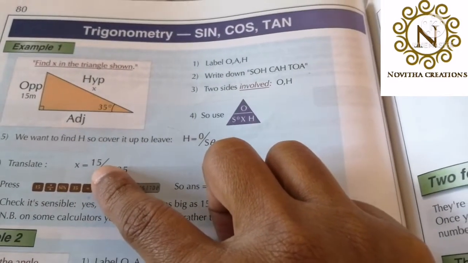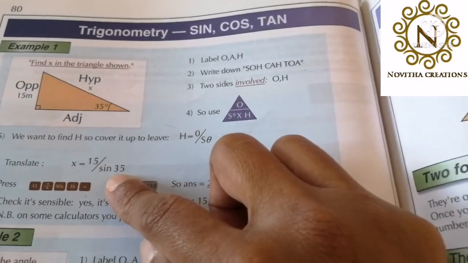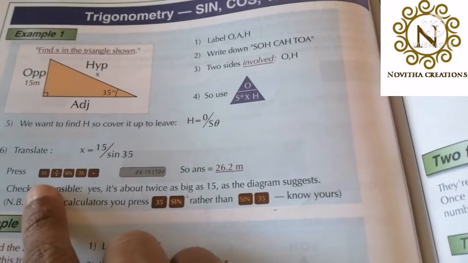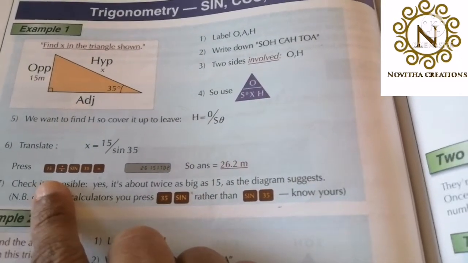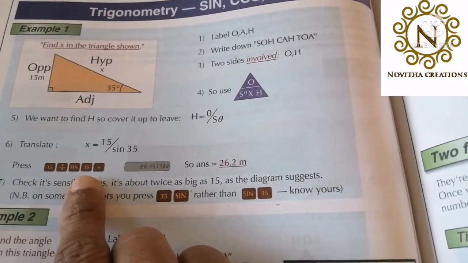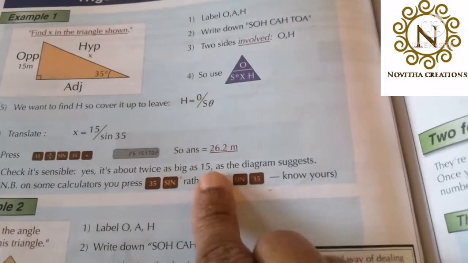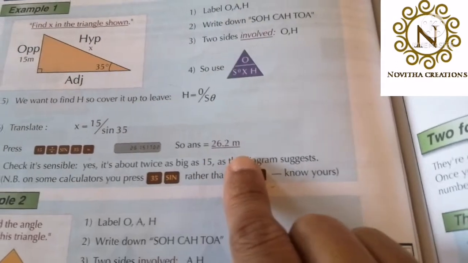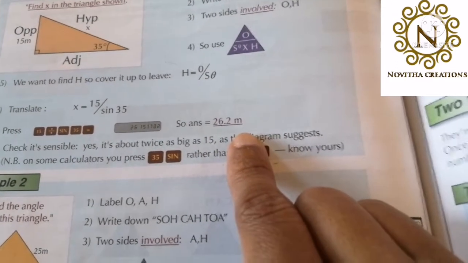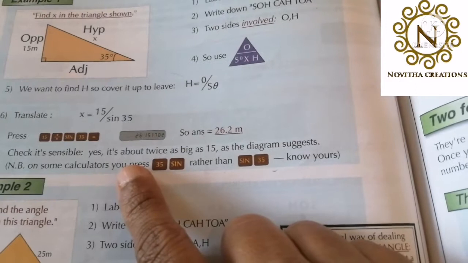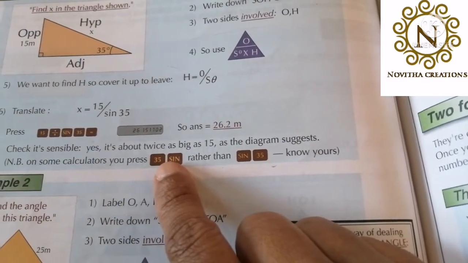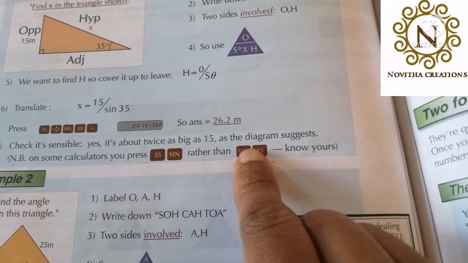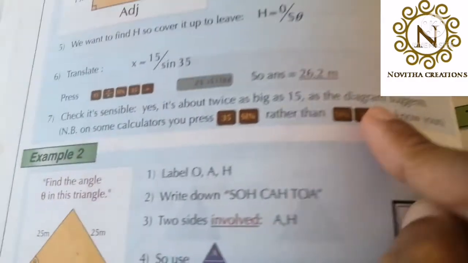O is 15, so on a scientific calculator press 15 divided by sin 35, which equals 26.151702. So the answer is 26.2 meters. Check it's sensible: yes, it is about twice as big as 15, as the diagram suggests.